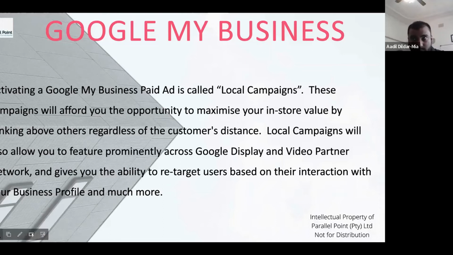So if we go to the earlier slides above, when you list your Google My Business profile, you are limited in the number of placements where your store will actually show up. That will just be the Google Search Network and Maps. But when you do a paid campaign, your actual store is shown not only on Google Search or on Maps, but it's also shown across YouTube, and it's shown across every other type of partner network that Google has access to.